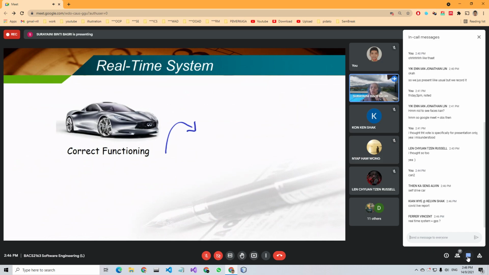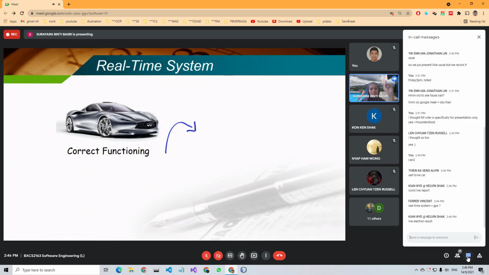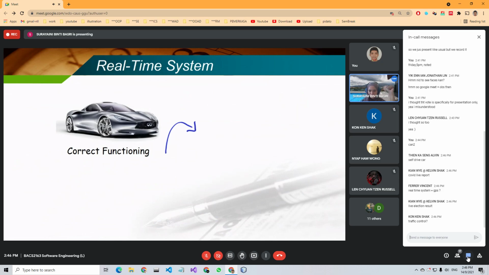That is also one of the examples. Traffic control, yes. Live election results. So all of what you answered here are actually examples of such systems.